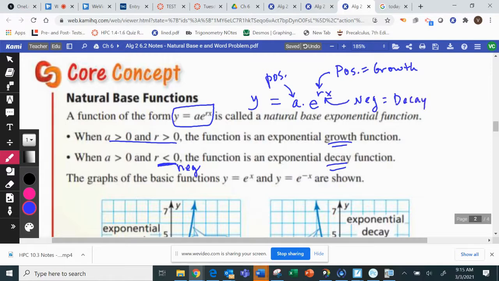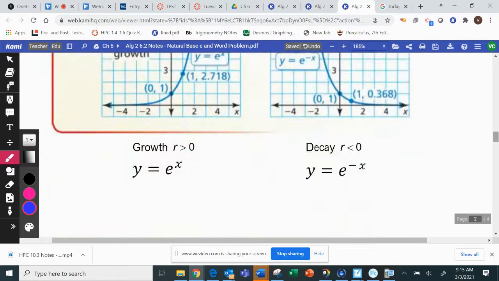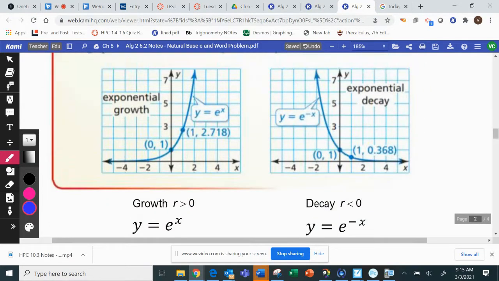So that's a little bit different than what we had done with growth and decay in the last section. But if you look at the graphs, the growth graph looks just like the growth graphs we were doing before. The decay graph looks exactly the same. And then there's the parent functions underneath.